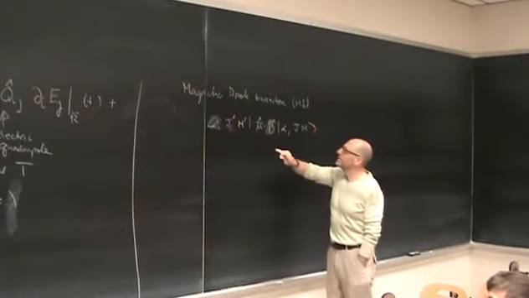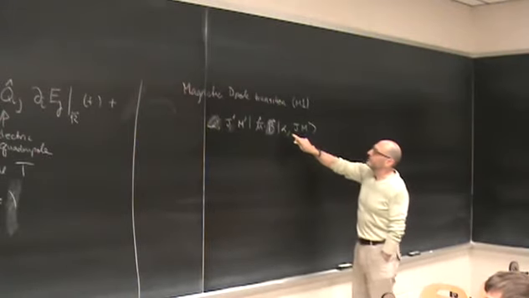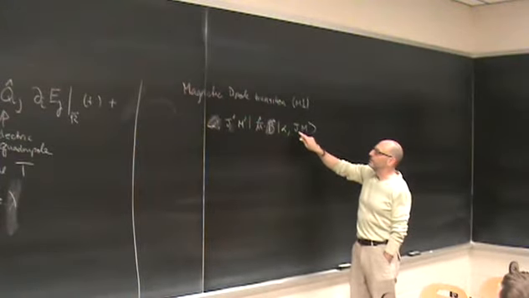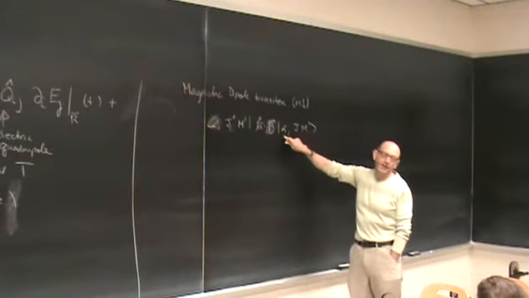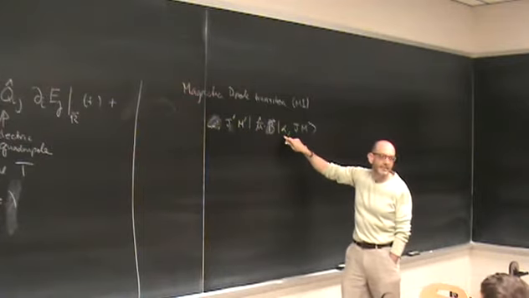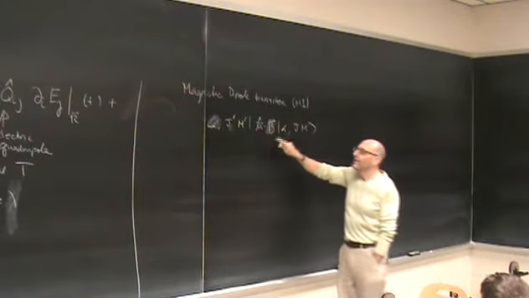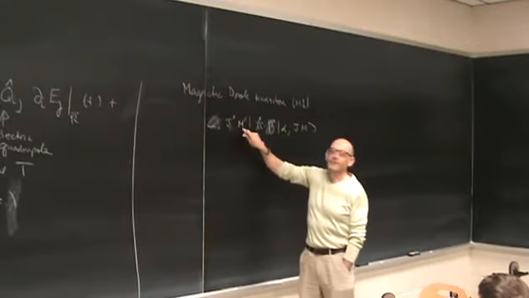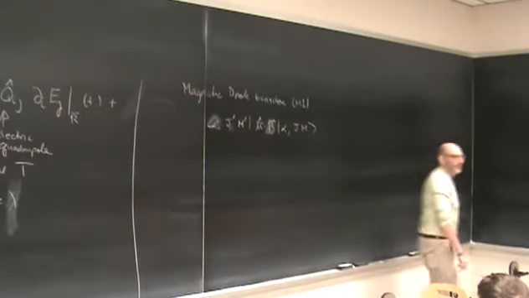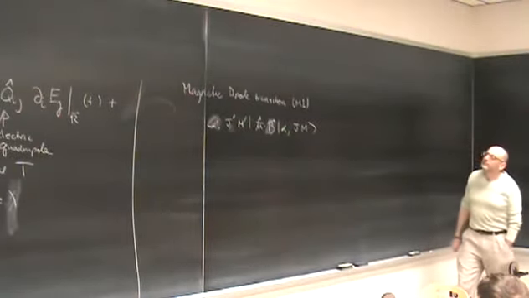So I have some initial state with quantum numbers J and M and some other ones alpha. Alpha could be anything I like. And I have alpha prime and J prime and M prime. All right?